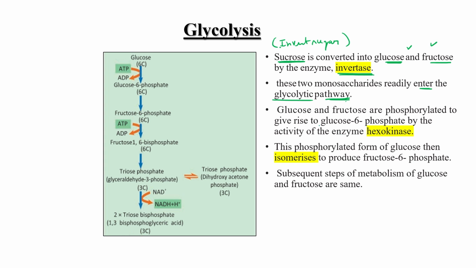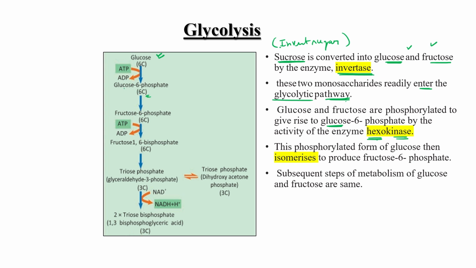Okay, as glucose is a 6-carbon molecule, that's why we use the term hexa. Kinase means ATP is involved, so kinase. So this glucose is converted into glucose 6-phosphate in the presence of ATP, because ATP gives one phosphate to glucose, and this phosphate just attaches to the 6-carbon sugar.